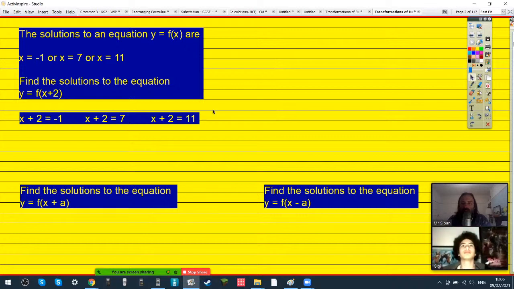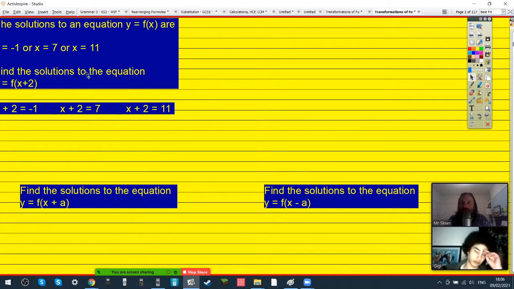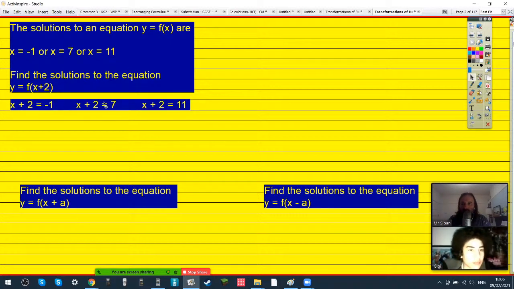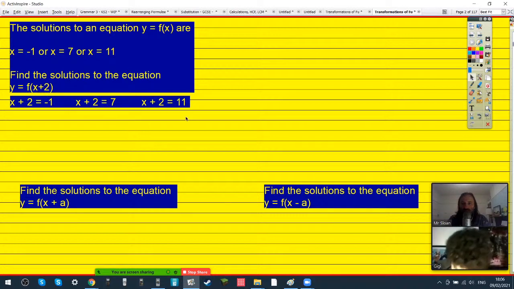Okay, this one. The solutions to an equation y equals f of x are x equals -1, or x equals 7, or x equals 11. Find the solutions to the equation y equals f of x plus 2. So basically all the x's are replaced with x plus 2, and you have to solve it.